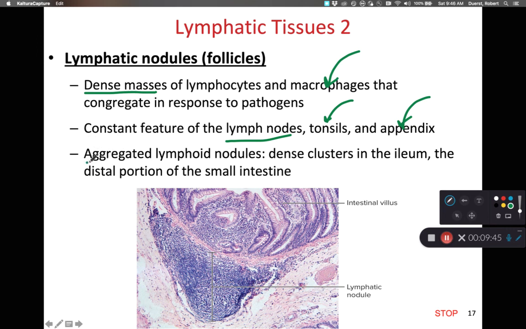As we look at these aggregated lymphatic nodules, we need to emphasize that we also have a lot of them in the ileum. The ileum is the very last portion of the small intestine, right before the large intestine, where we have feces.